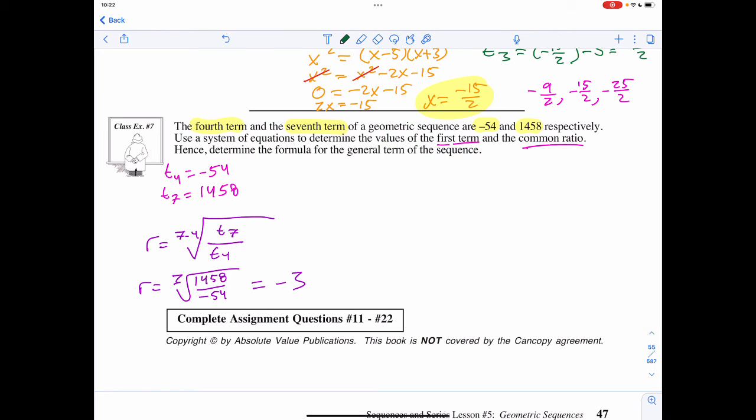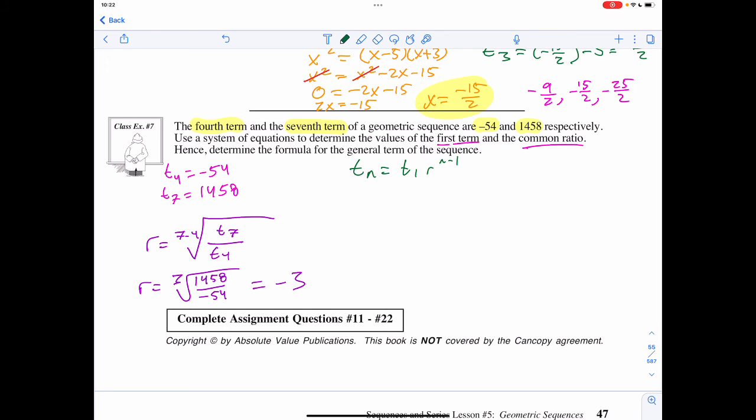If I know that Tn is equal to T1 times r to the power of n minus 1, I can use either of these to solve my T1.